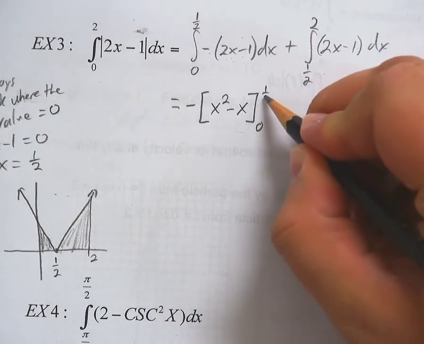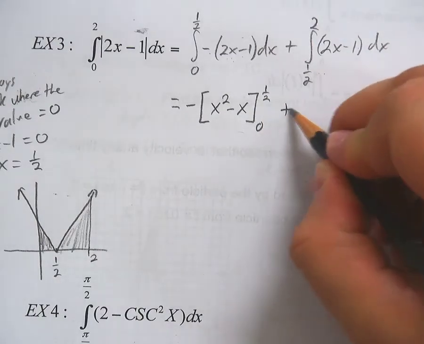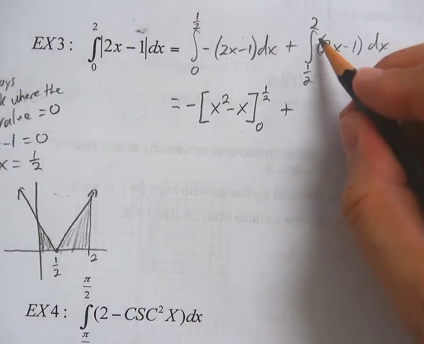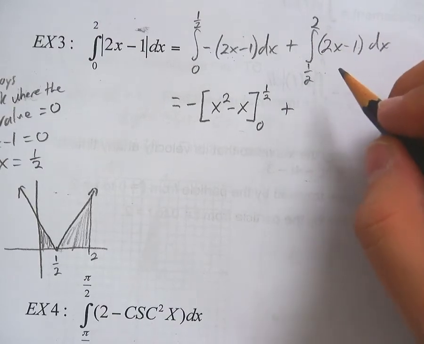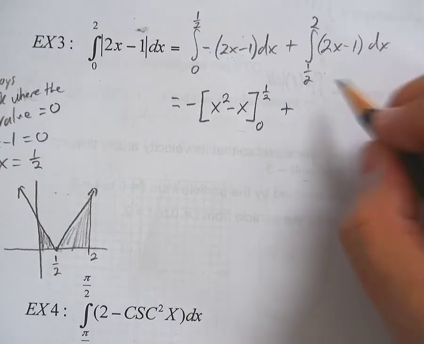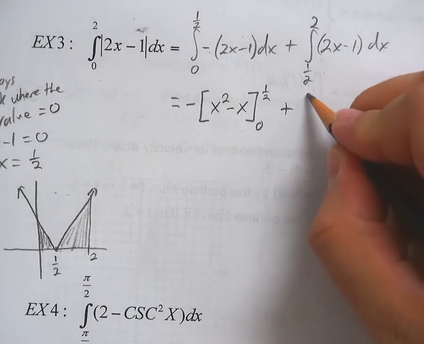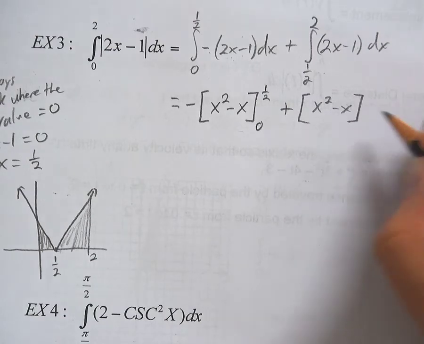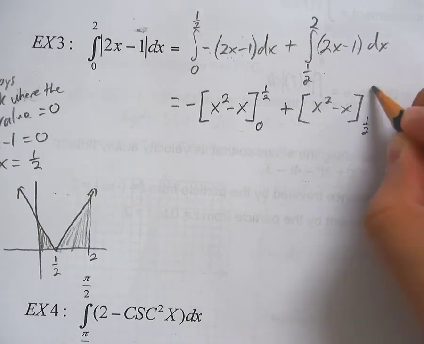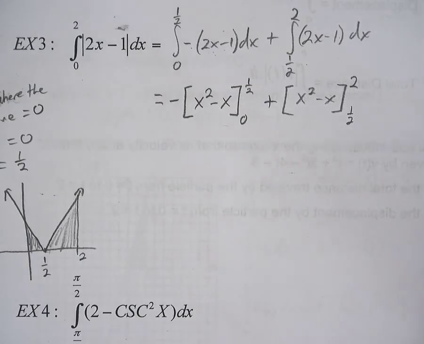From 0 to 1/2, plus, let's do this one here. The 2x minus 1, same thing, so x squared minus x from 1/2 to 2. So I'm breaking this thing up, right?